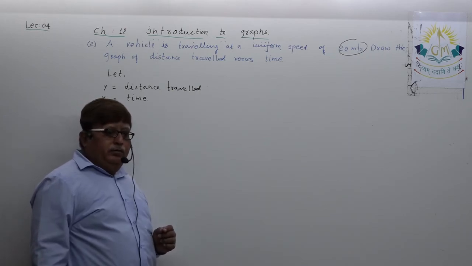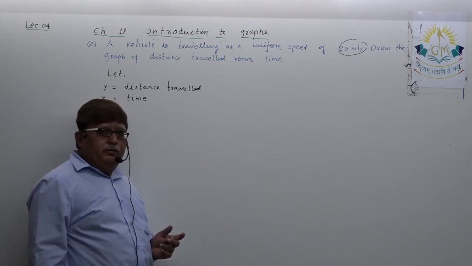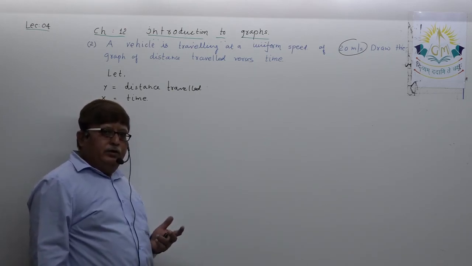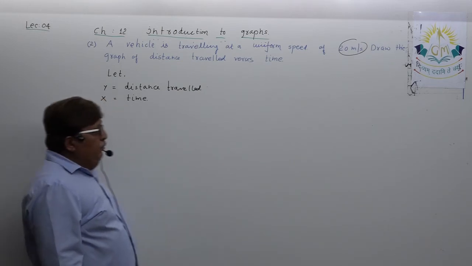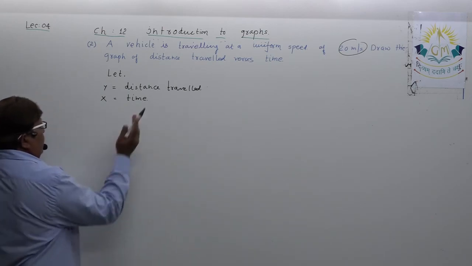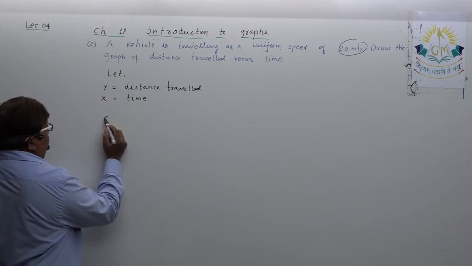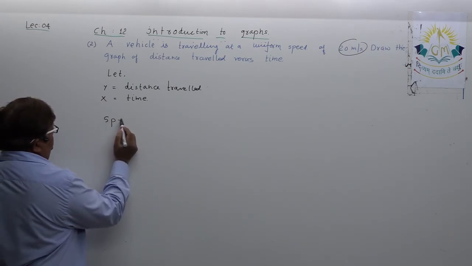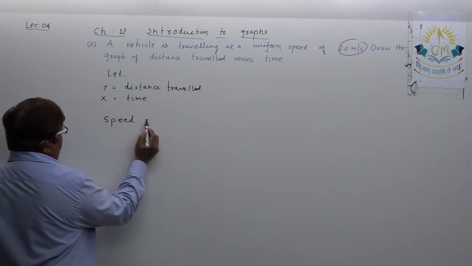So, dear student, to make the basic equation for making the observation table, we have to utilize first the formula for speed. What is the formula for speed?